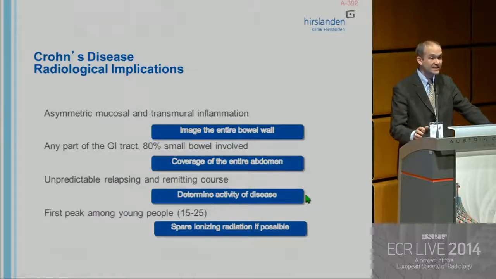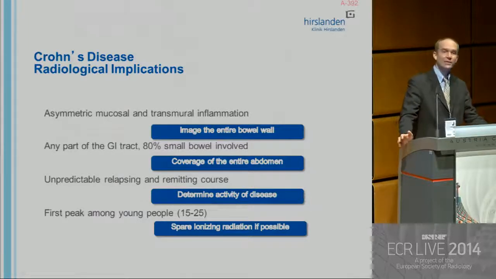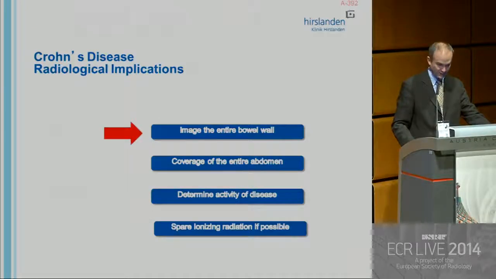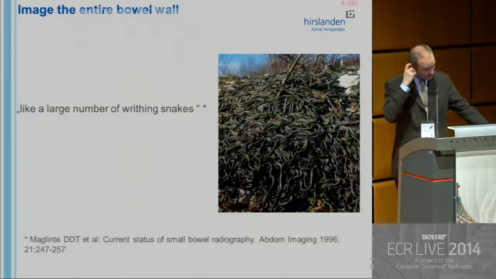And then, since it's relapsing, when you image, you have to look at the activity of the disease. And since many people are really young, whenever possible, don't use ionizing radiation. So let's get into first of that.